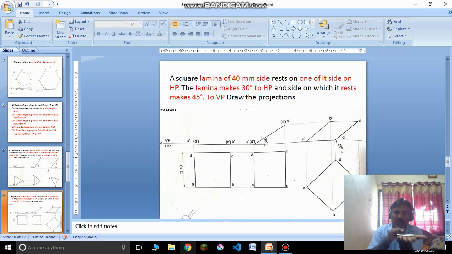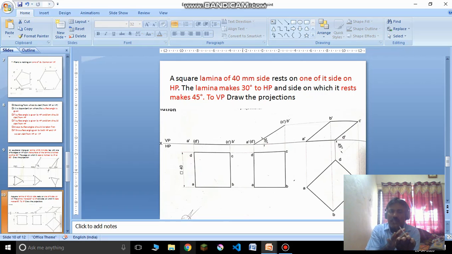If I look from this end, A is first, D is second, B is first, C is second. So A, D dash in the bracket, C, B and C dash in the bracket. Then I will lift this object on this edge in such a way that the lamina makes 30 degrees.